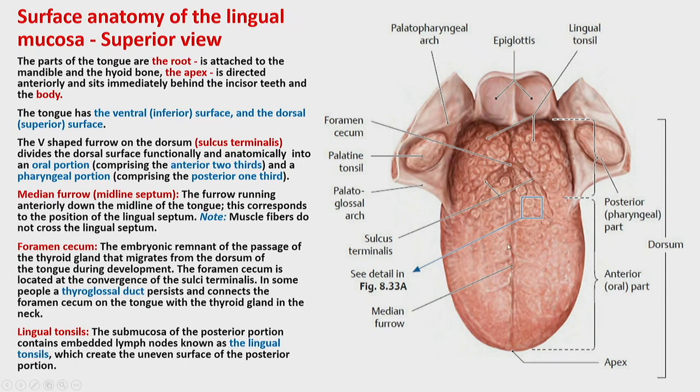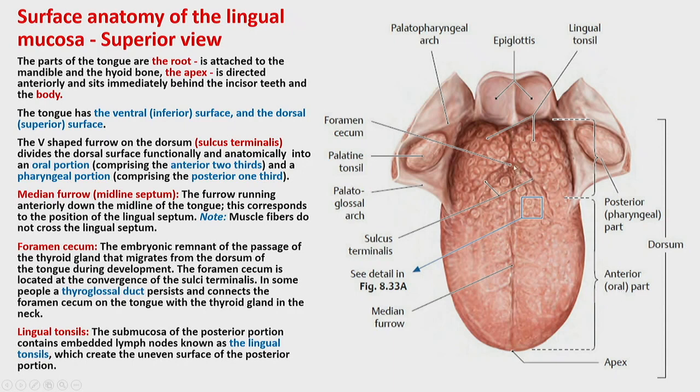This terminal sulcus divides the tongue into the posterior part, called the pharyngeal part because it is toward the pharynx, which makes the root of the tongue, the posterior 1/3, and the anterior 2/3 here in the dorsum of the tongue, called the oral part.